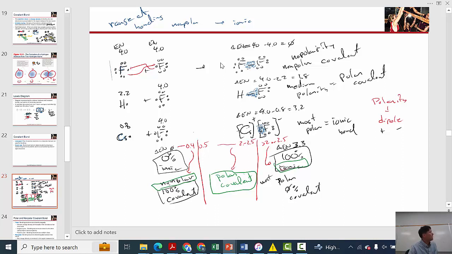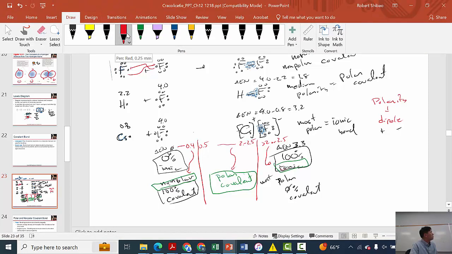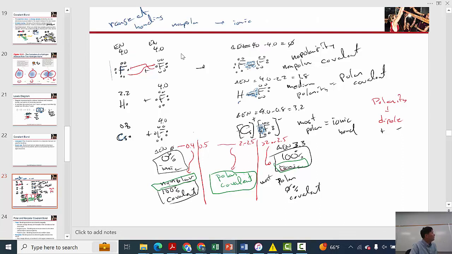And so we have different levels of polarity. Here we have a full dipole, that is a positive and a negative charge. Here, in the polar covalent case, we have partial charges. And so the electron hasn't completely been stripped off, but it results in a partial positive charge here and a partial negative charge here.